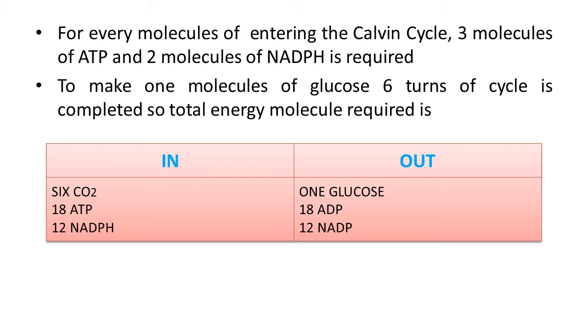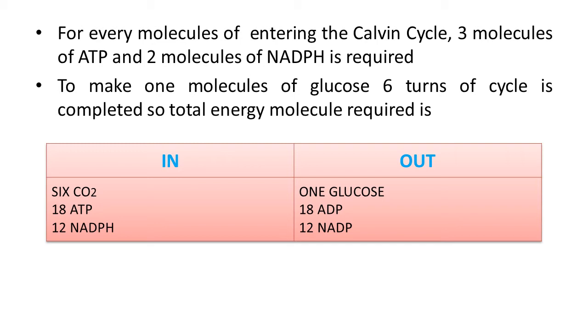Now, to make 1 molecule of glucose, 6 turns of the cycle are required. So, can we calculate the ATP and NADPH molecules which are required for 1 molecule of glucose formation during the entire Calvin cycle? Now, this might be helpful to understand if we look at the input and output of the entire cycle, the entire mechanism.